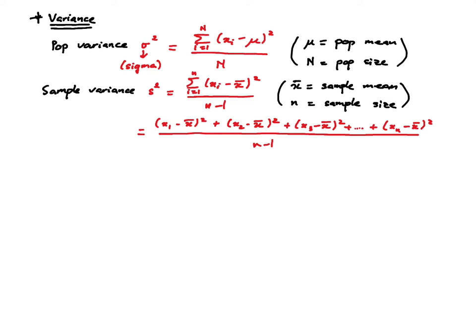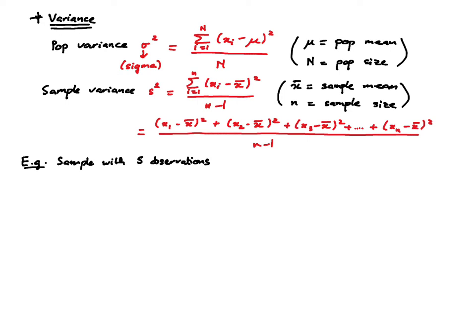So for example, suppose you have a data set with 5 observations. Okay, so suppose you have a sample with 5 observations.